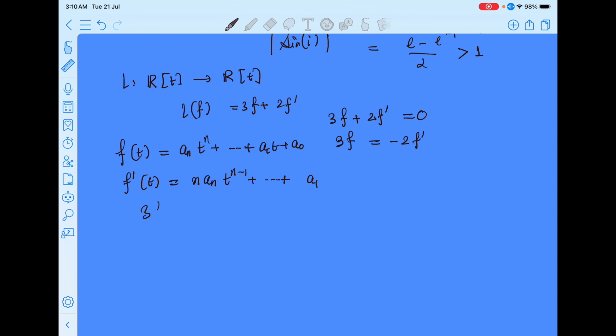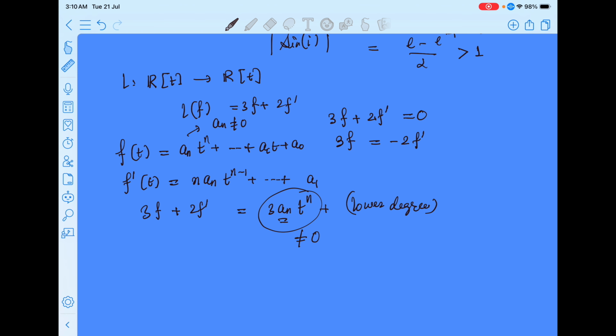So then 3f + 2f' has leading term 3a_n t^n plus lower degree terms. But the point is, as a_n is non-zero, this will be non-zero, right?